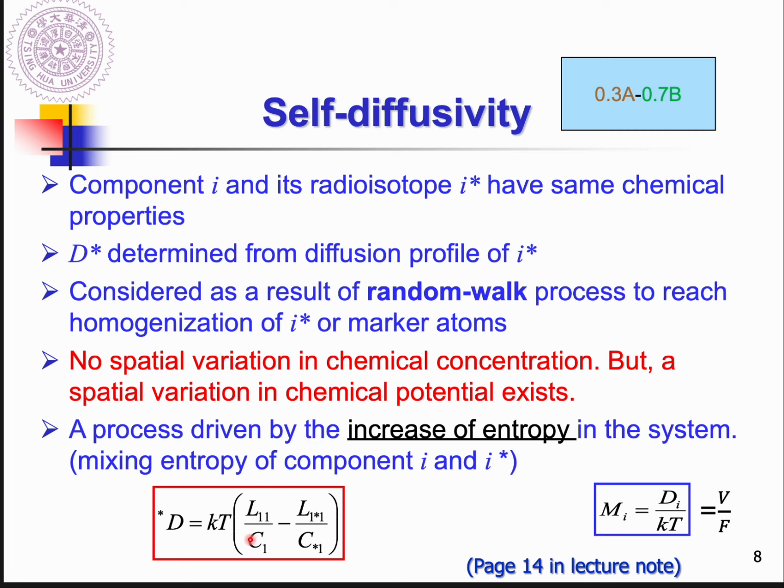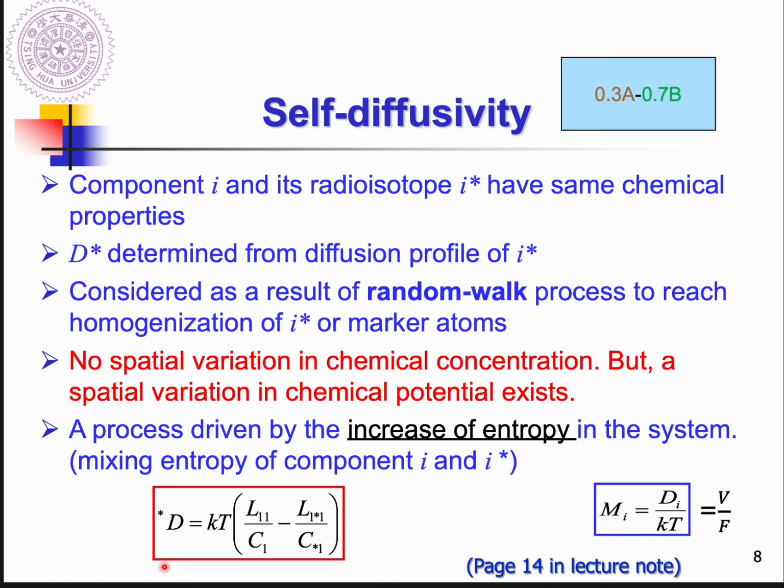So the D star which we measure is not exactly the real diffusivity of component I, but it is near. It is an approximation similar to the self-diffusivity of component I.